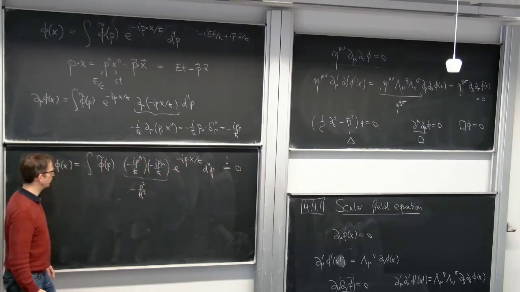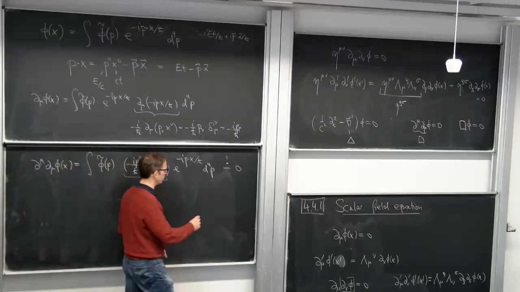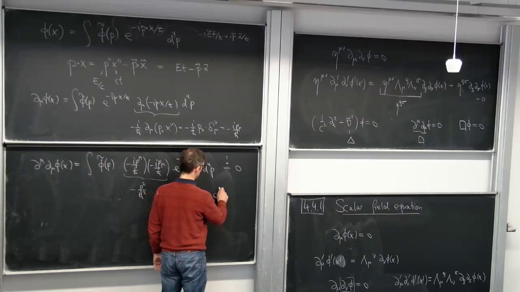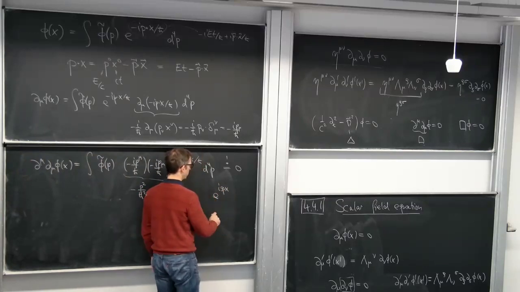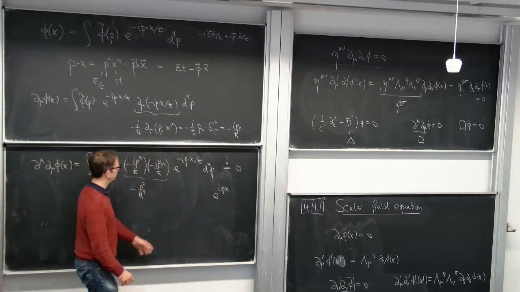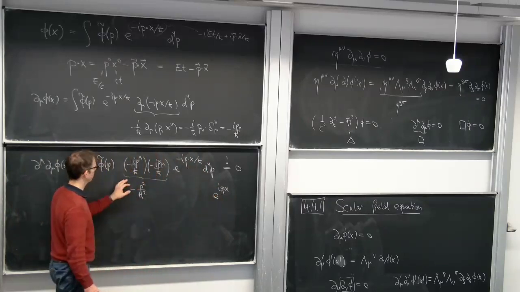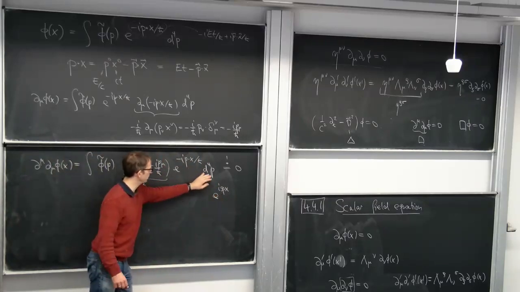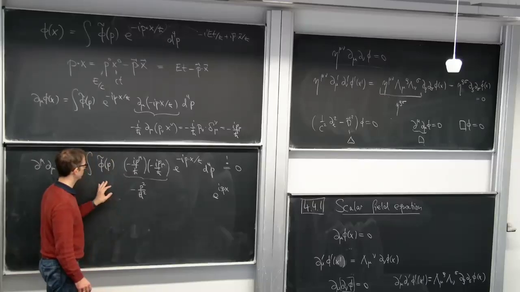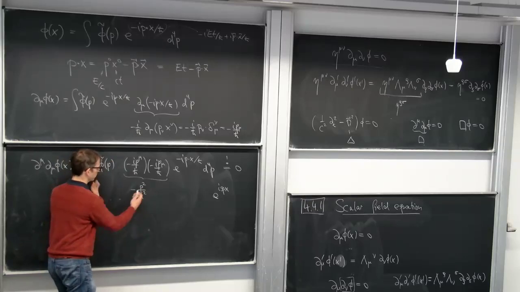You can see this formally by multiplying this equation by e^{iqx} and integrating over x. Then you get a delta function in p and q, and then you perform the p integral, and you just get something where the p is.